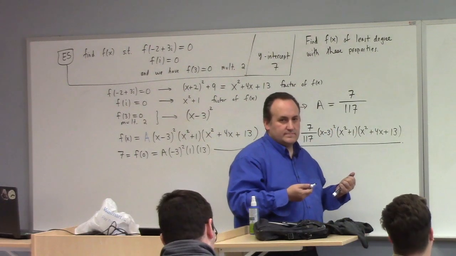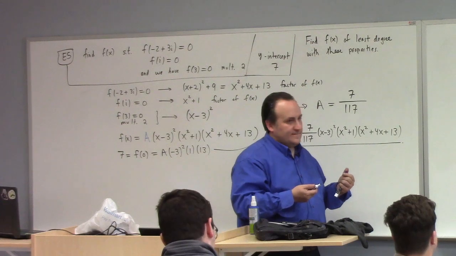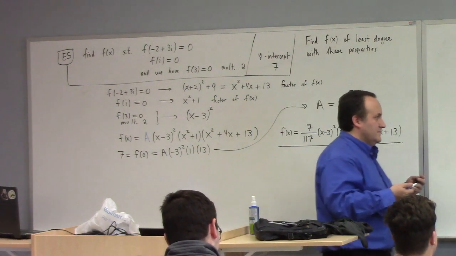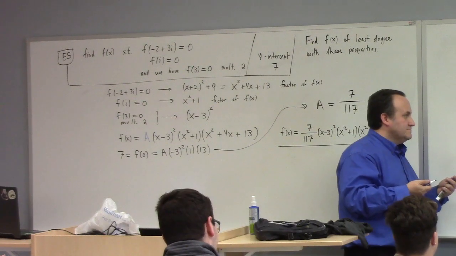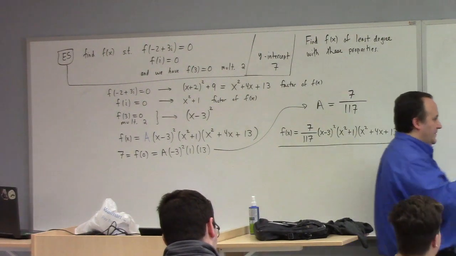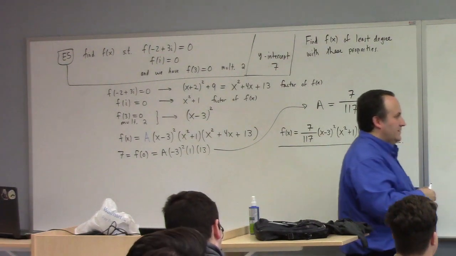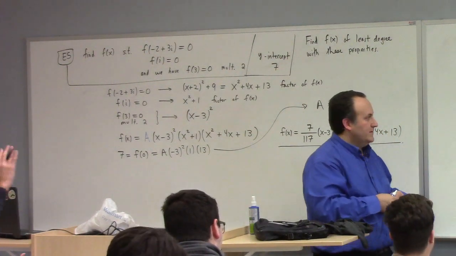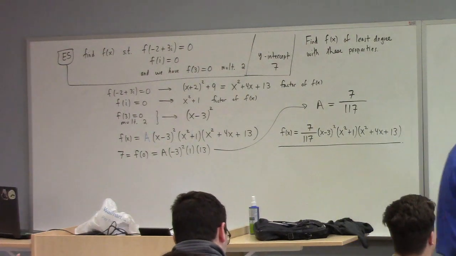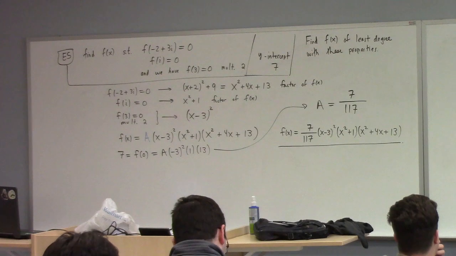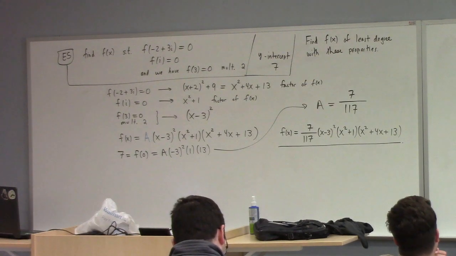Positive 3 is the only one. The first one should have been negative. The other critical numbers are complex. They don't count here.